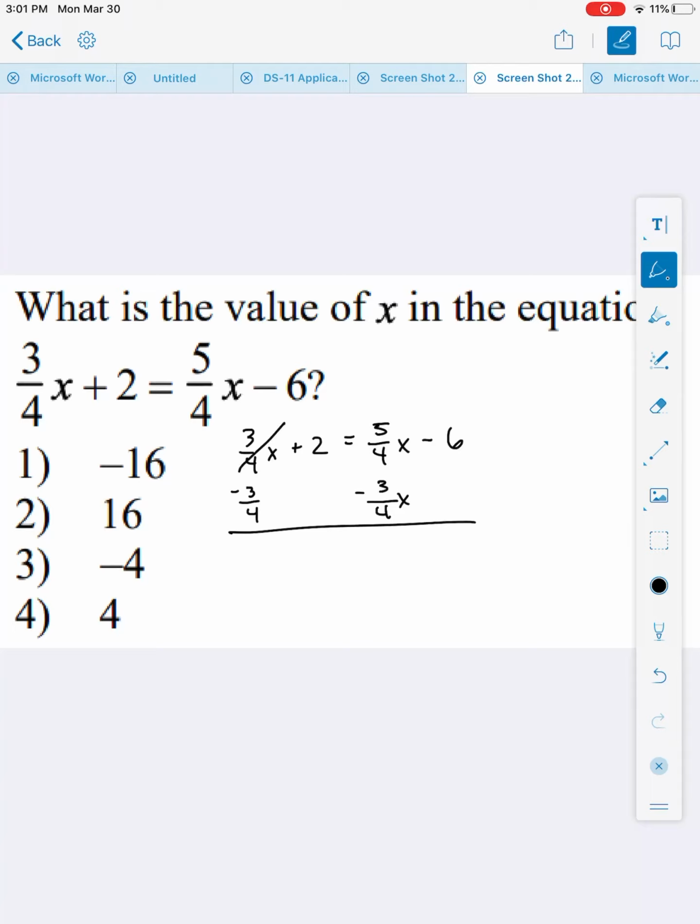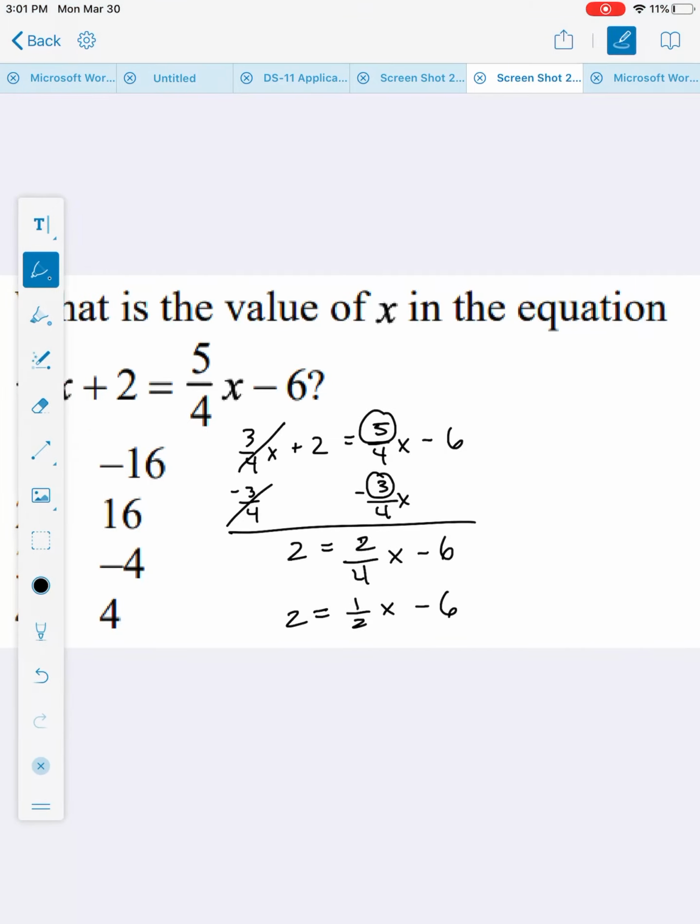I'm left with 2 is equal to 5/4 minus 3/4, so I subtract 3 from 5 to get 2/4 x minus 6. Now I know 2/4 is another way to write 1/2 x minus 6. I'll rewrite it up here to give myself more room as 2 equals 1/2 x minus 6. I'll add 6 to both sides, and I get 8 equals 1/2 x.